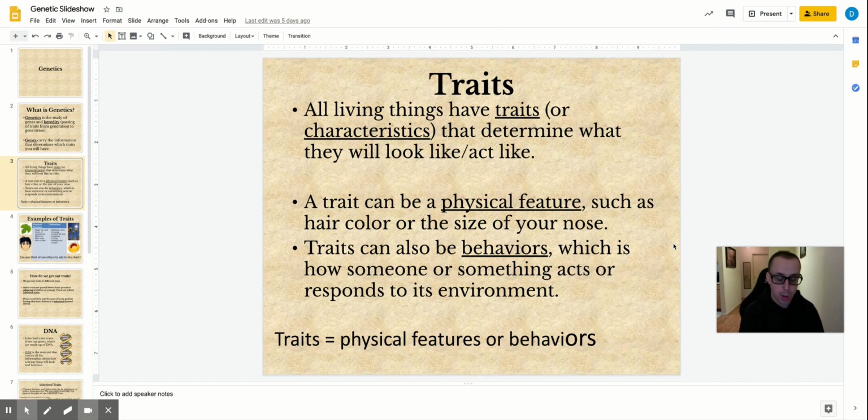Another thing is that we learned in our last slideshow, animals can hunt, dig, and hibernate or migrate. Those are inherited behaviors, animal instincts that are coded in the DNA.